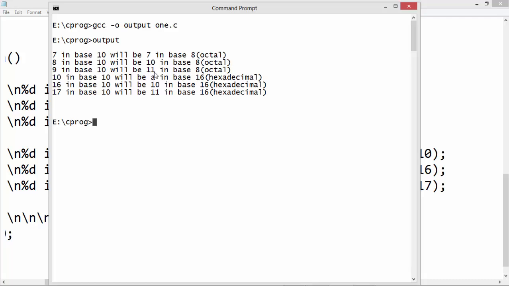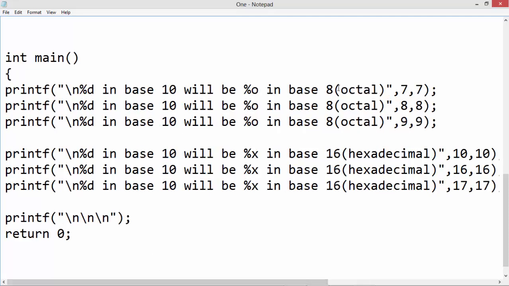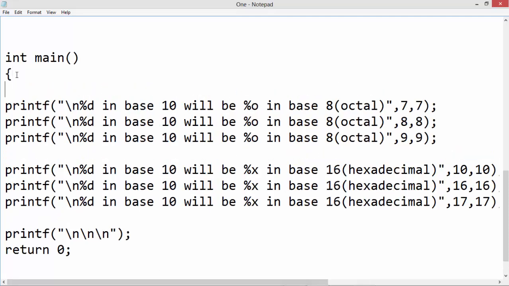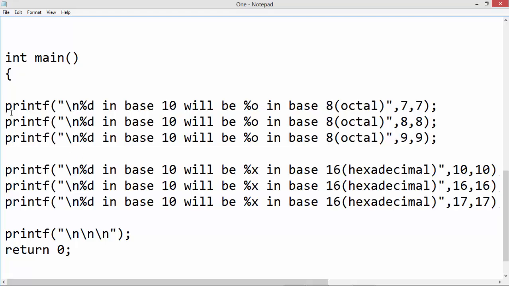In this case it can be either capital or small, that doesn't matter. The vice versa should also be possible. So how do I tell that it is an octal number or a decimal number? Let me take this complete thing and reverse it.